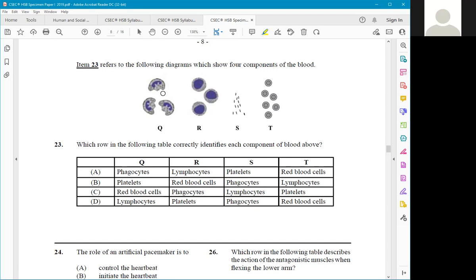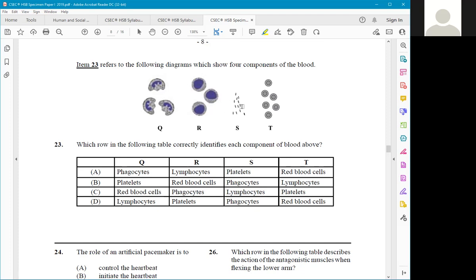So these have to be the phagocytes. These are going to be the lymphocytes, with the big nucleus occupying almost the entire cell. And these little tiny particles look like the platelets, and these discs look like the red blood cells.